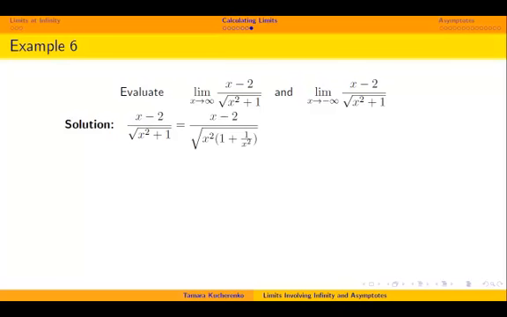Under the radical, x squared plus 1 equals x squared times (1 plus 1 over x squared). Since the radical of a product equals the product of the radicals, we get in the denominator square root of x squared times square root of 1 plus 1 over x squared.